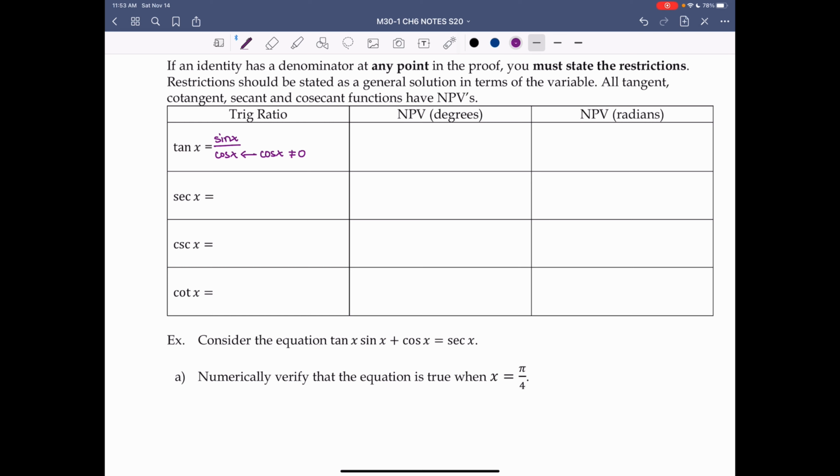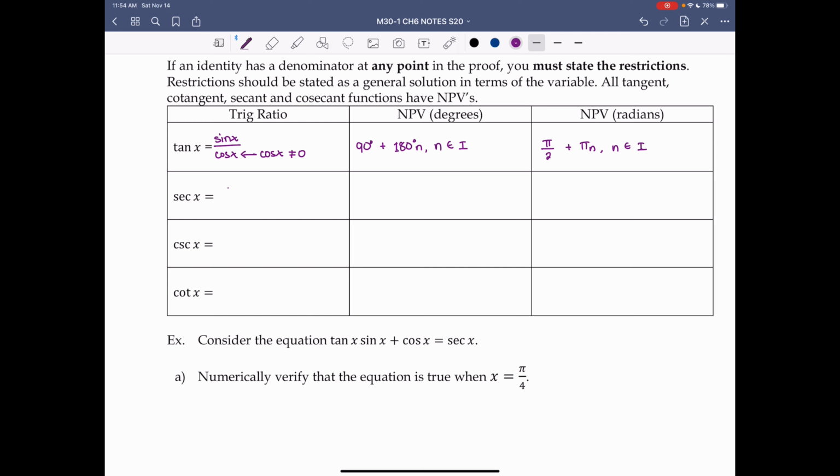So our general solution for when cos equals 0 would be 90 degrees plus 180 degrees n, where n is an element of the integers. In radians, 90 degrees is pi over 2 plus pi n, where n is an element of the integers.